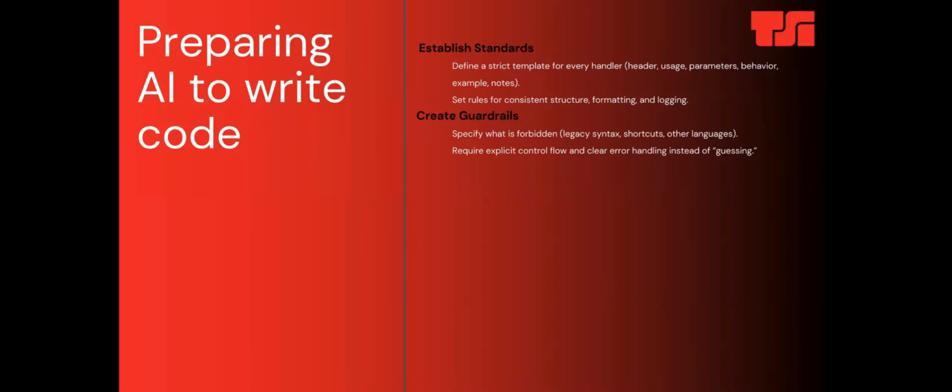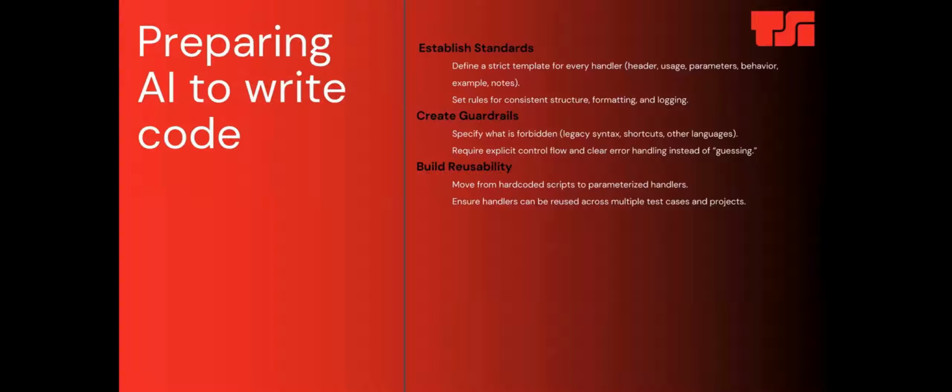So we establish these standards where we have this strict template saying, here's how I want the code to be returned to me. Here's the different parameters I want to use, the behavior, how I want everything to be structured together. So we create these guardrails, and basically we're saying, I want you to return pure Sentalk. I don't want Python, I don't want Java, I don't want any other programming language. I just want Sentalk back.